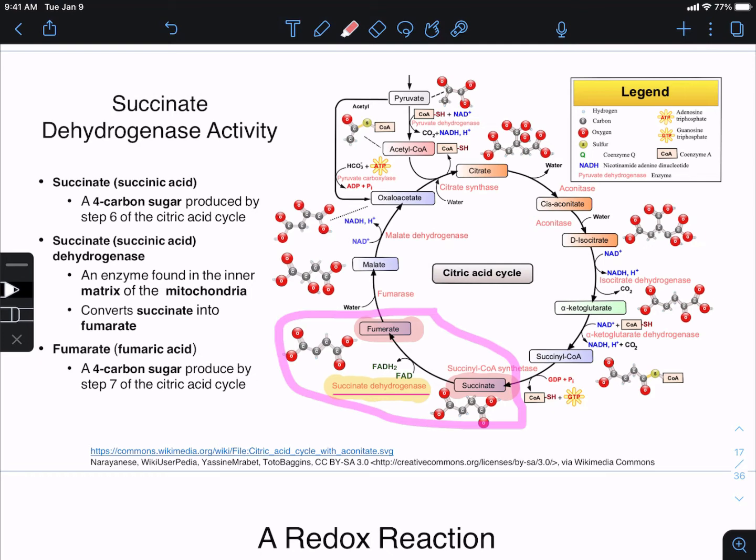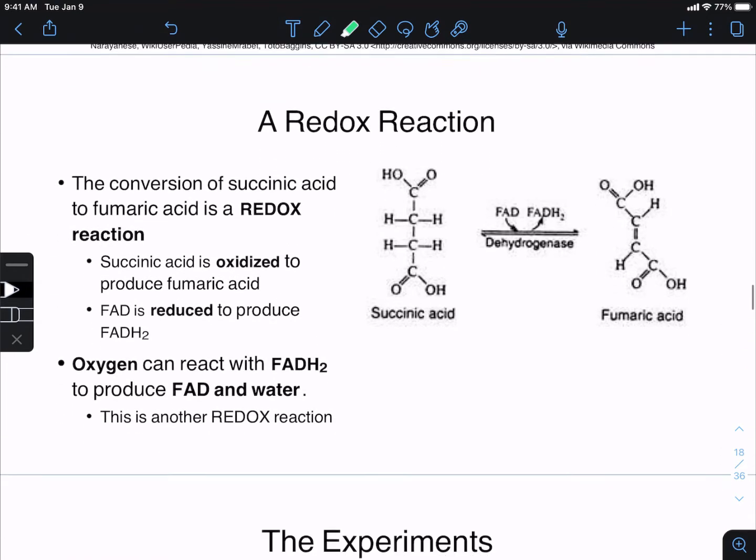This chemical reaction will produce a molecule of FADH2. This is a redox reaction, and remember that it's occurring in the matrix of the mitochondria.